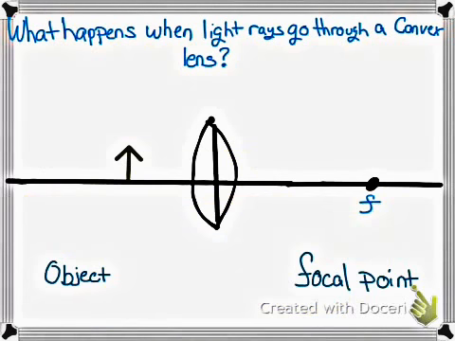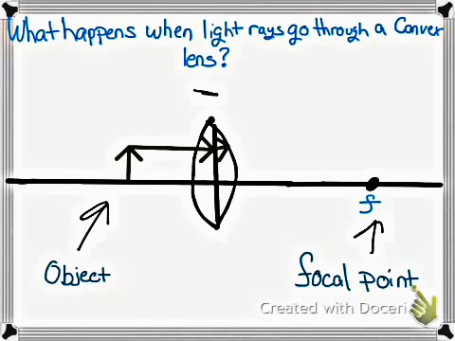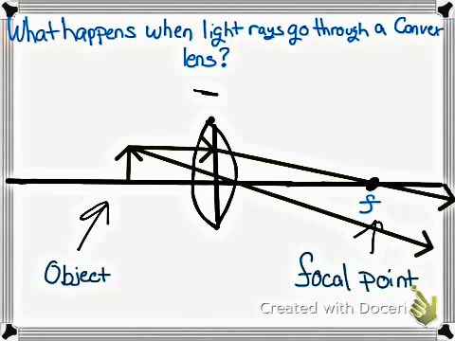Let's use another example, with your object a little bit closer to your lens. Of course, your object is right here, your lens, and your focal point. So, parallel to your principal axis toward your lens, through your focal point, and then the second ray goes through the principal axis.